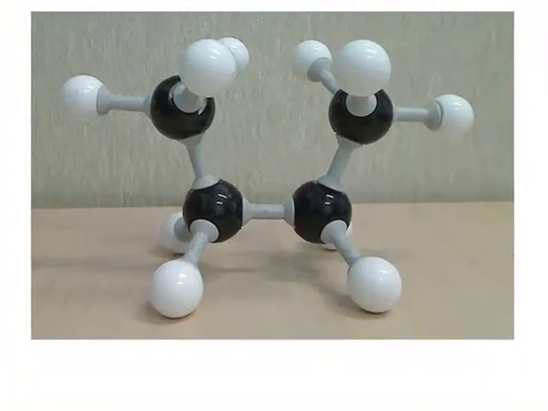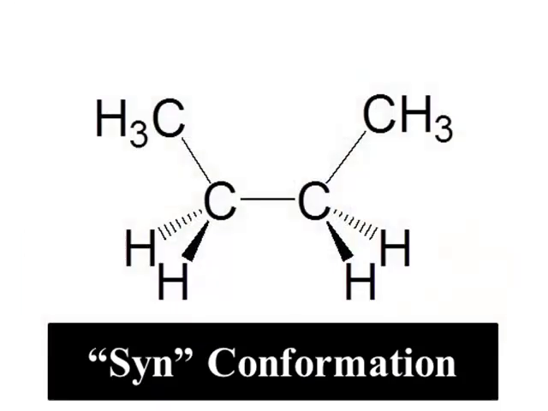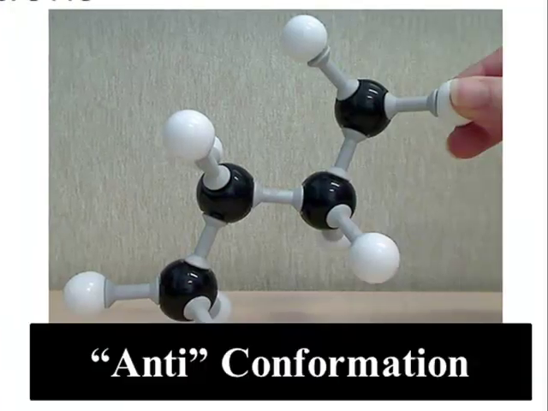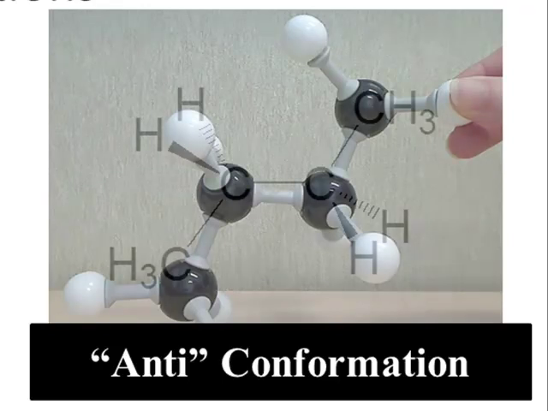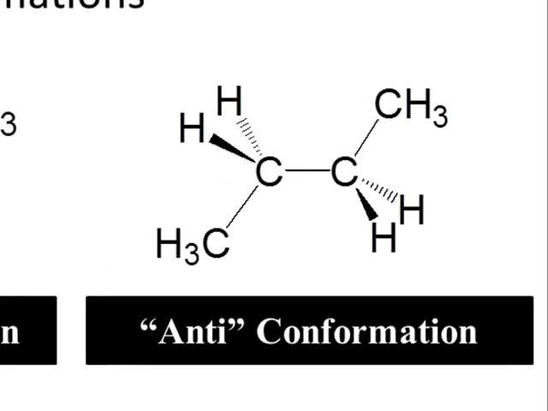When the first and 4th carbon are lined up on the same side of the molecule, we call this a syn conformation. If we were drawing this with a Lewis structure, it would look like this. When the first and the 4th carbon go in opposite directions, this is called an anti-conformation. And as a Lewis structure, it would look like this.